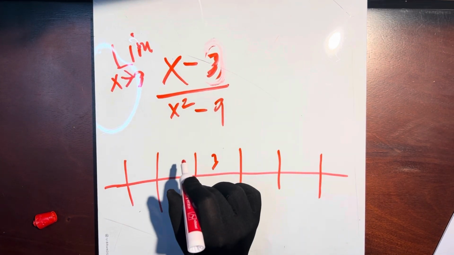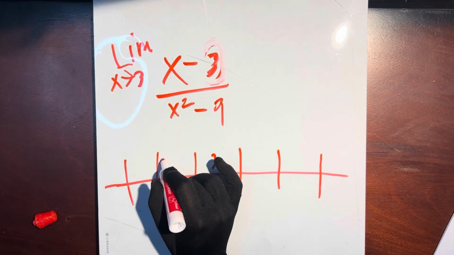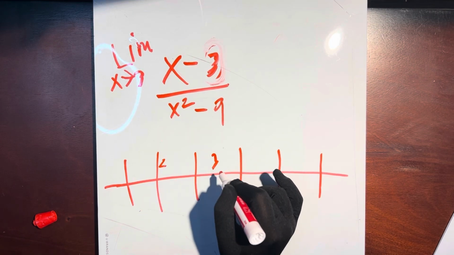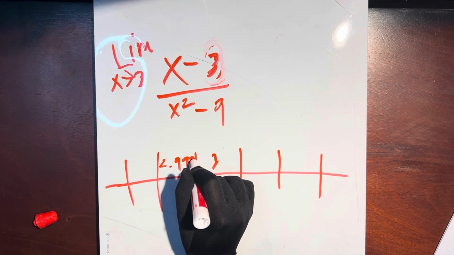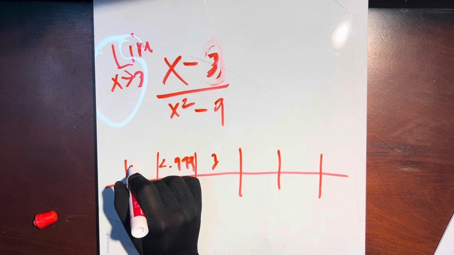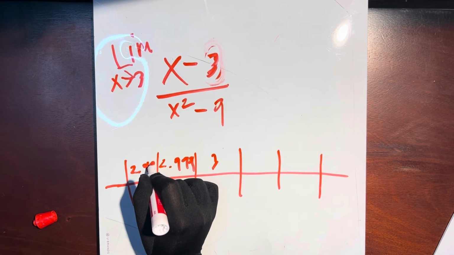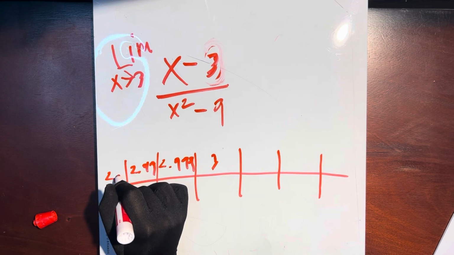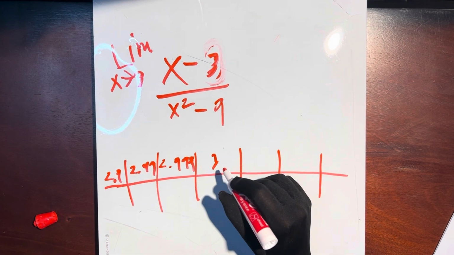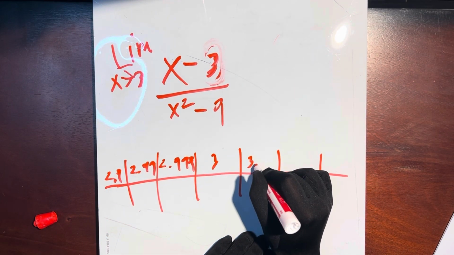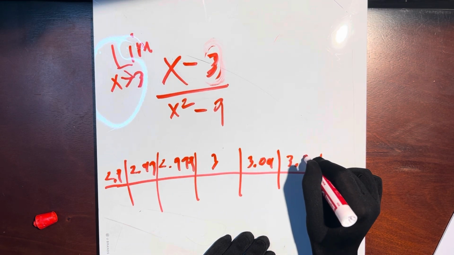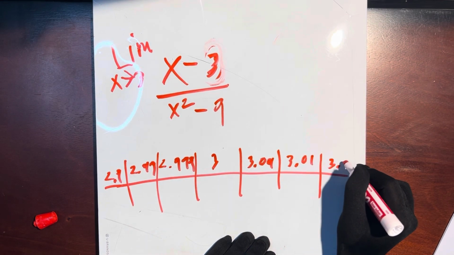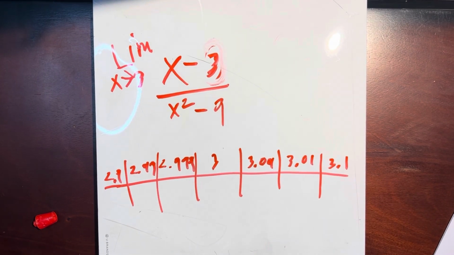And then put the number minus 1, then 0.999, then the number minus 1, 0.99, and then 0.9. Then take the number itself, write it, and then 0.001, 3.01 and 3.1. This is the progression of it getting bigger and smaller.